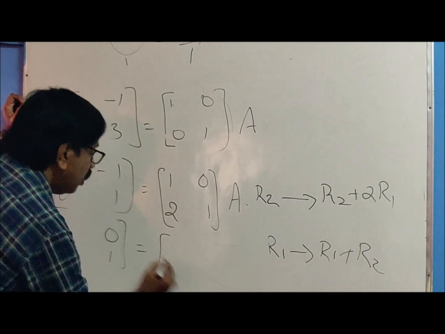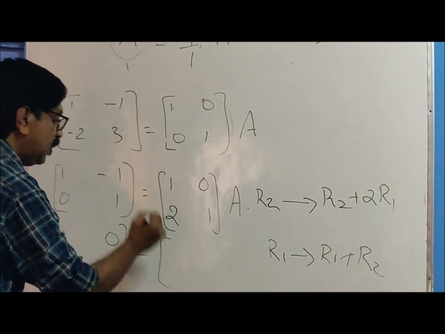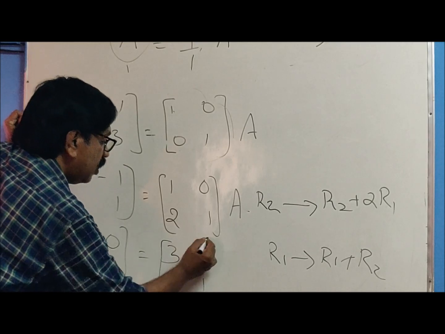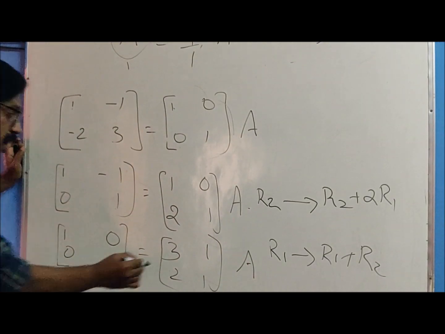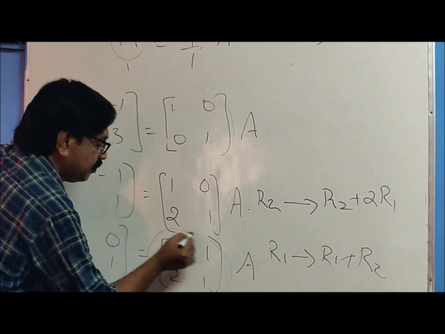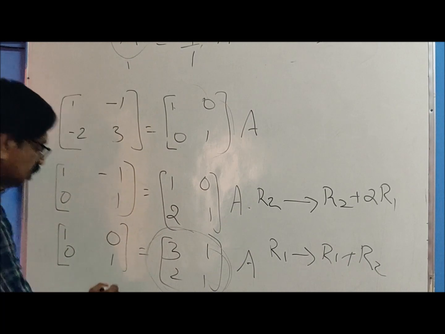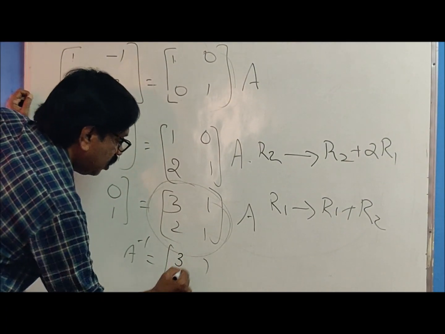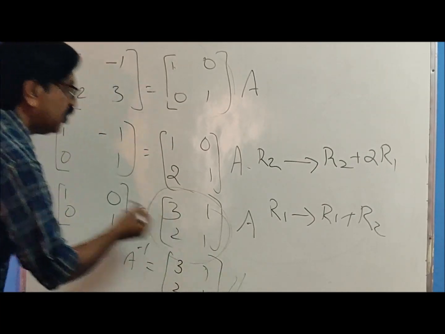Here it will be 2 plus 1, 3, and 1 plus 0, 1, then 2, 1, into A. Therefore, what does it mean? A into this matrix, we are getting the identity matrix. Therefore, this new matrix will be the inverse of A: 3, 1, 2, 1. This is the inverse of the matrix.